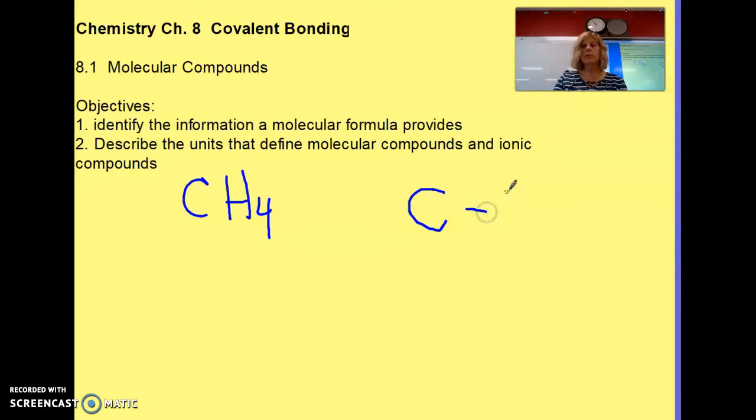So probably this structure has a central carbon, and you wouldn't necessarily know this yet, but by the time we go through this chapter, you certainly should be able to do this and know where those atoms are arranged.